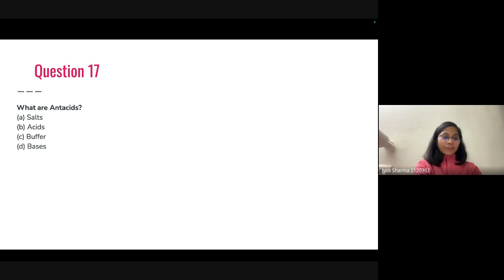This is not a buffer actually. I will tell you how. Ayush told me it is a base. Okay, so what is the use of antacids?